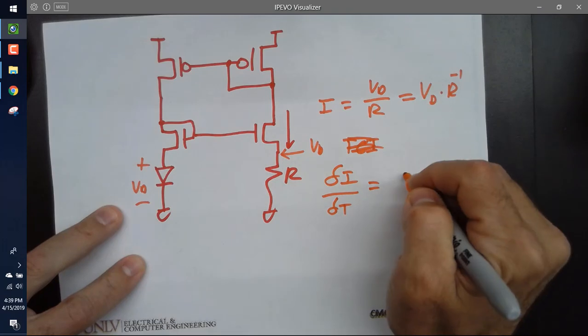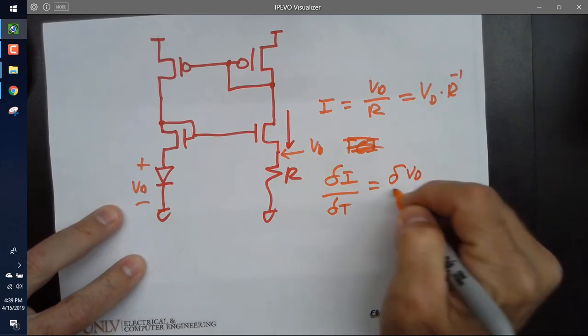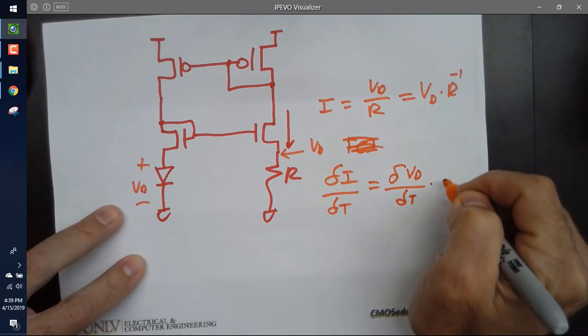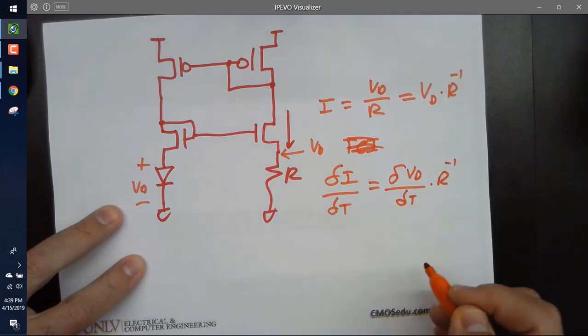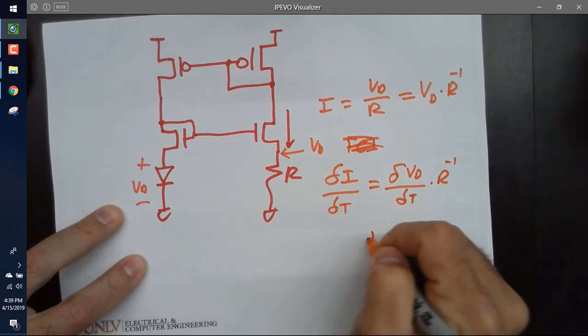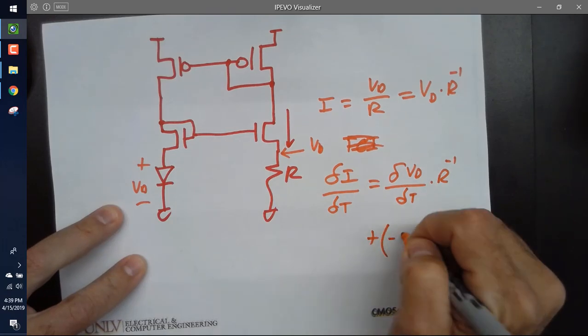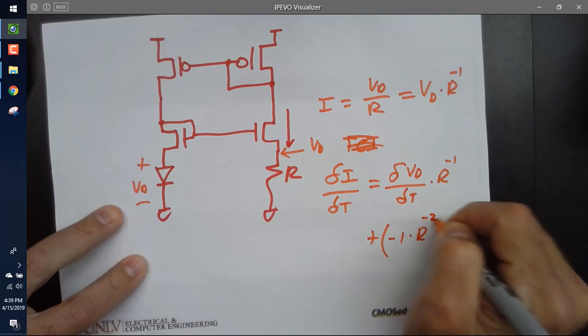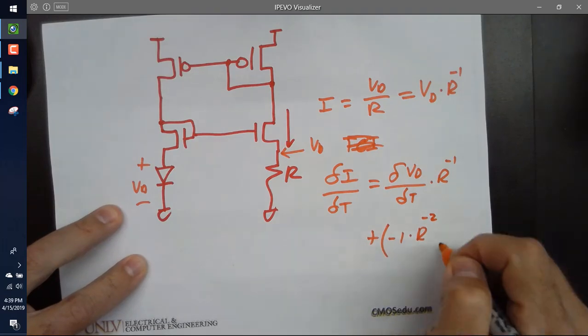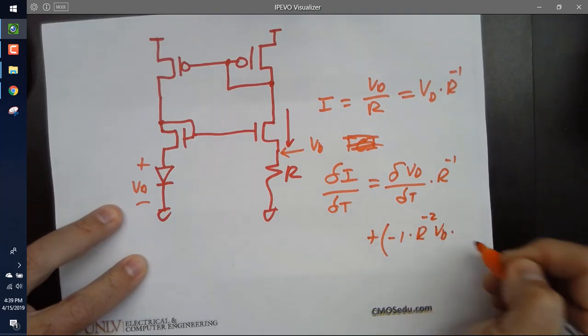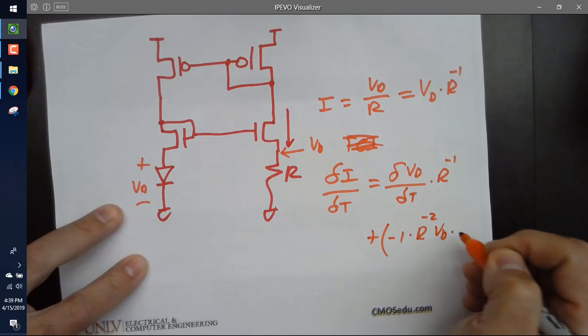So it will be the derivative of the diode voltage with respect to temperature times R to the minus 1, plus minus 1 times R to the minus 2 V diode times del R del T. Right on.